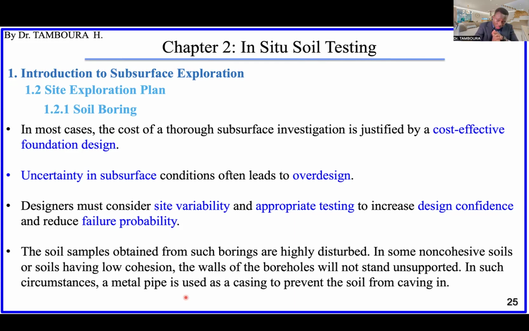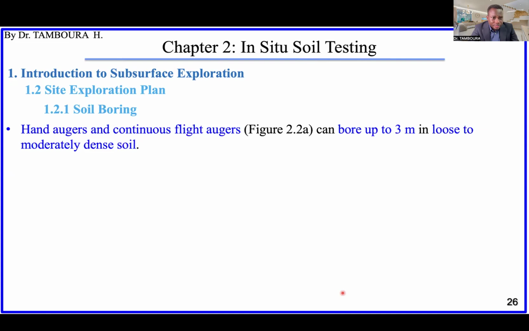So the soil is disturbed and some soil is not stable. If you dig a hole and the soil is not stable, the soil will cave in, the soil will fall. So in that case, we sometimes need support, the casing to support the soil. You will see what I'm talking about very soon, okay?